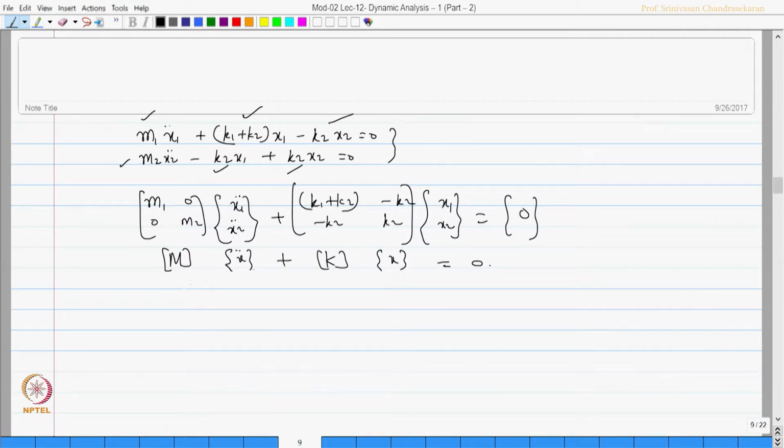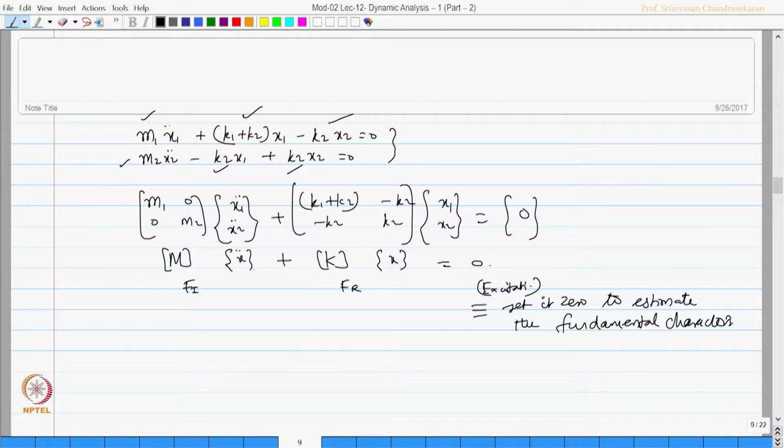So, inertia force, restoring force, excitation force. Of course, this is 0 in this case. We have to set it to 0 to estimate the fundamental characteristics of the dynamic system.